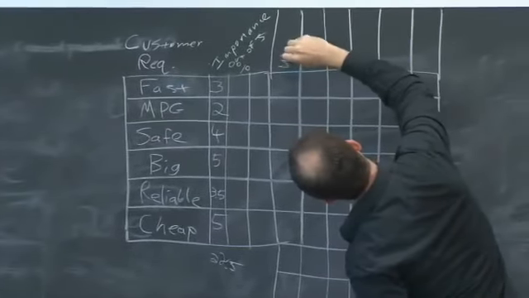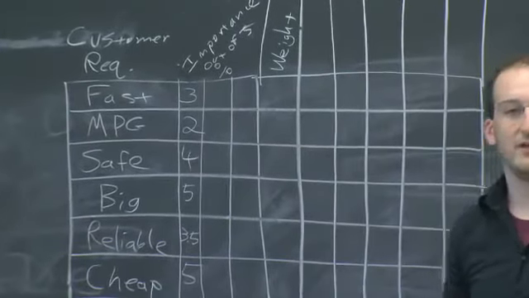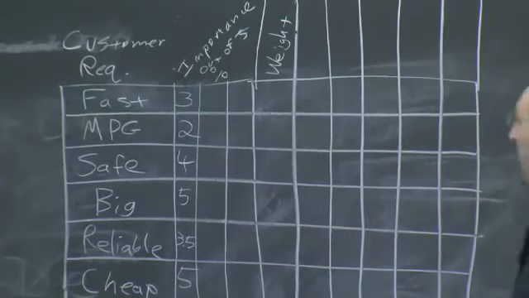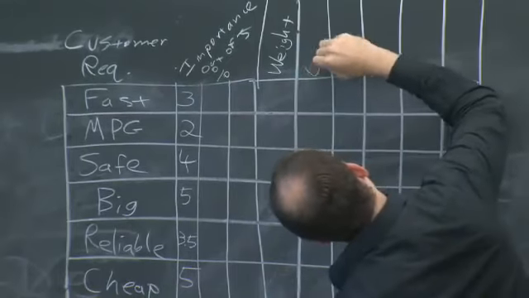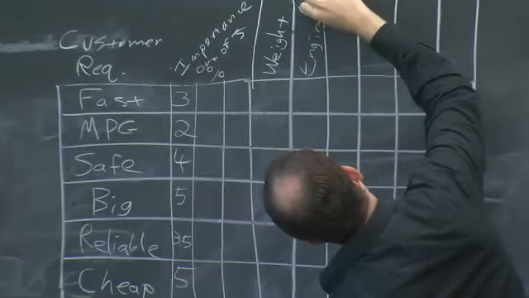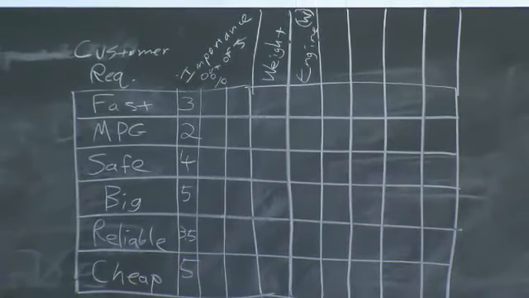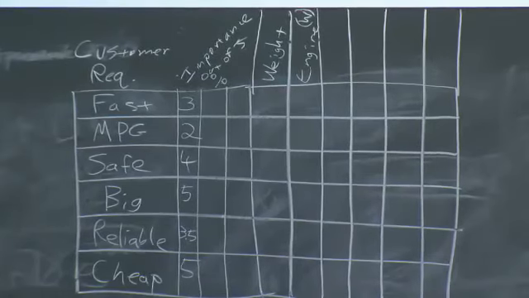Let's see. What would some other ones be? OK, engine, maybe engine power, right? I'll just put engine in watts or horsepower, who cares? What are some other physical parameters that you as the designers get to choose?